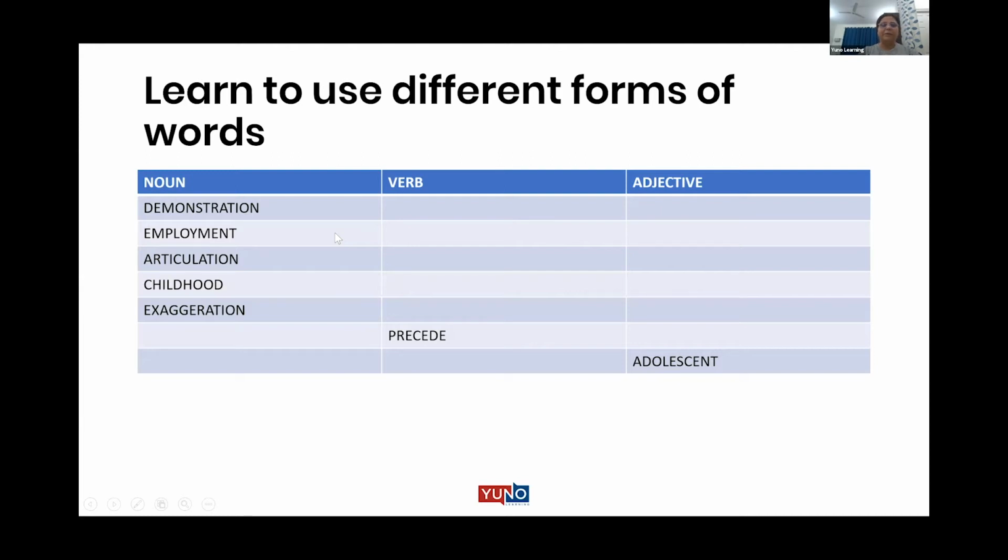Fine. And what about employment? So employment is noun. How do you use it as verb or as noun also? Let me continue with you, Shantanu, and then move on to somebody else. Sorry, please, Ben, would you please repeat? The next word is employment. So the verb of employment is employ.